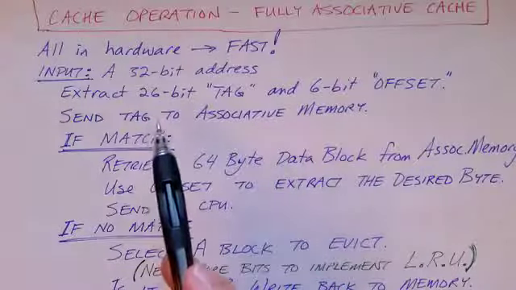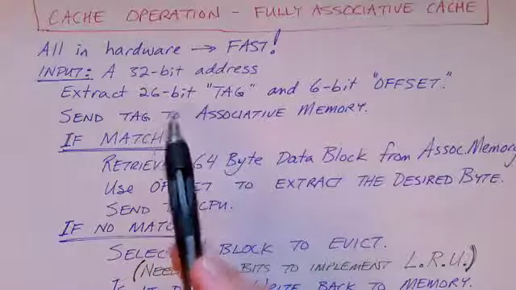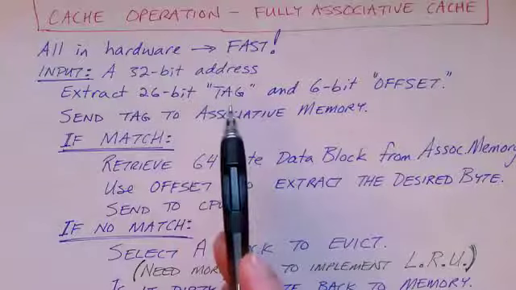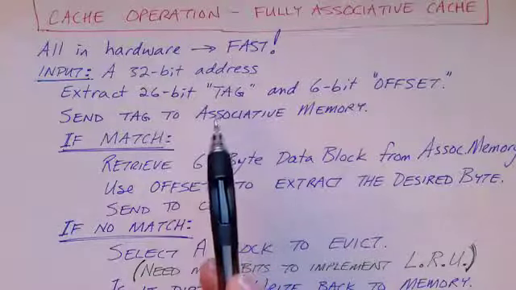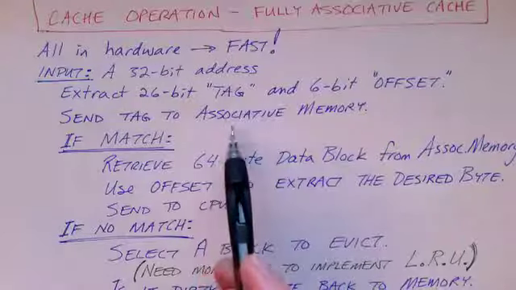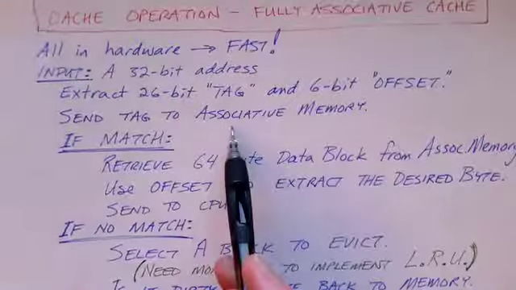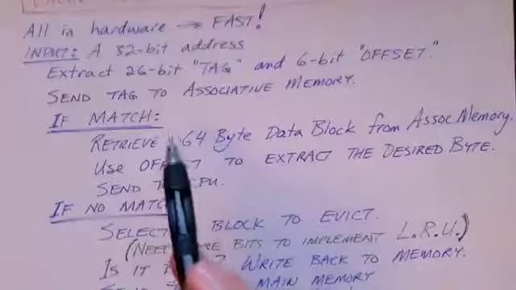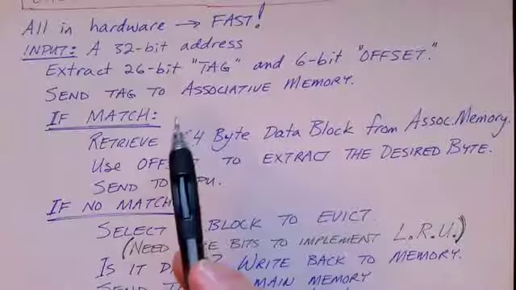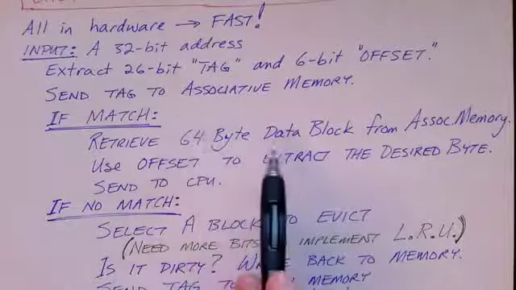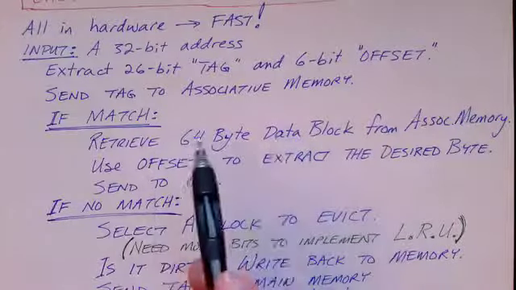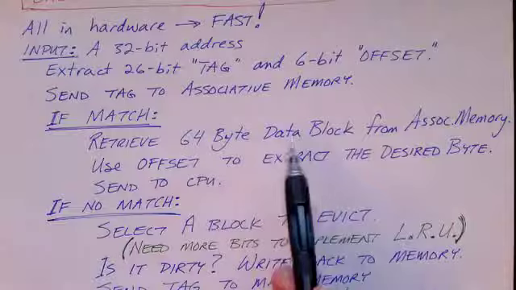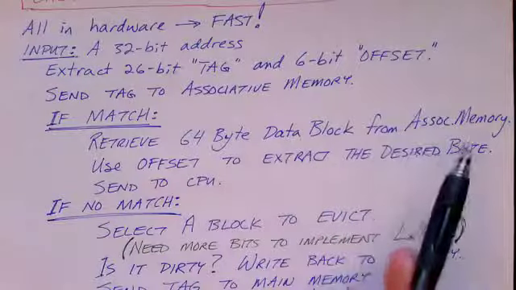So in the second step, we send the 26-bit tag from the address to the associative memory, and from that we either have a match or we don't. If we have a match, then the block data from the matching line comes out. So we retrieve a 64-byte block of data from the associative memory.